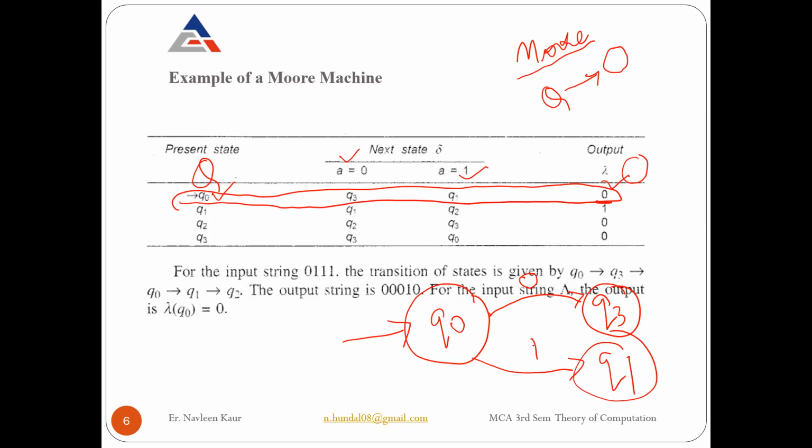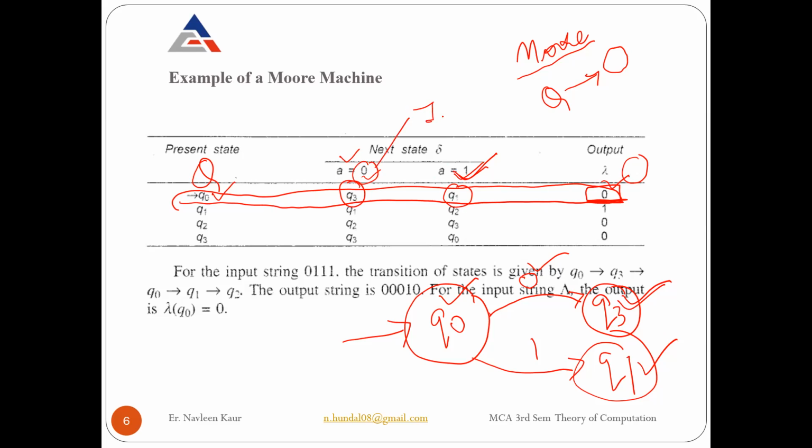But here I am talking about the next state generated on the basis of what input your current state is getting. Even if it is getting 0, the next state is changing. If it is getting 1, the next state is changing. Next states are always changing on the basis of 0 and 1. These are inputs.